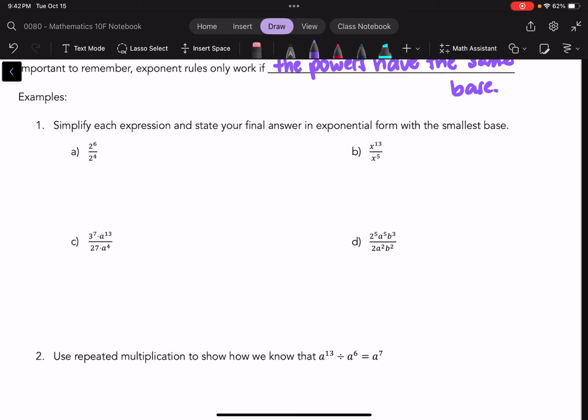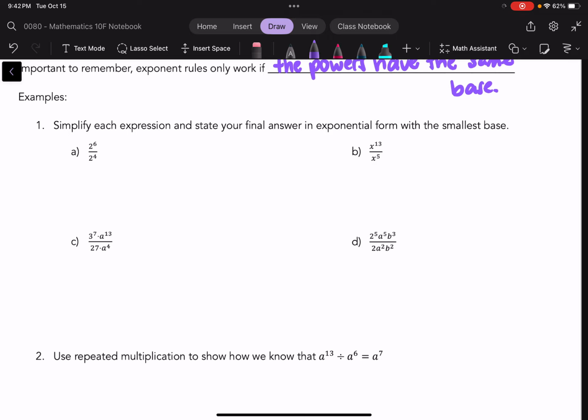Evaluating means to tell me what that power is equal to in standard form. But simplify is I just want to go from multiple powers to fewer powers than what I started with. So if I start with 2, 1 is obviously what I want to end up with, if possible. But if I start with 5, maybe it's not possible. Maybe they don't all have the same base to simplify to 1. So I'm just going to end up with fewer powers than before.